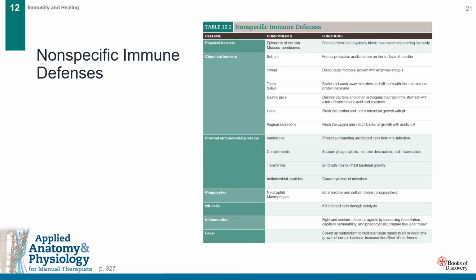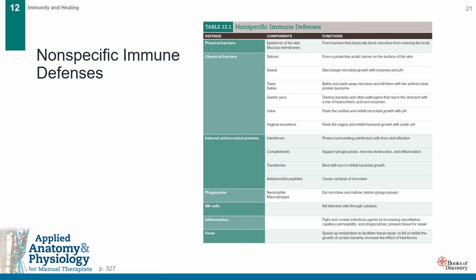This consists of interferons, which protect surrounding unaffected cells from viral infection, complements, which support phagocytosis, microbe destruction, and inflammation, transferrins, which bind with iron to inhibit bacterial growth, and antimicrobial peptides, which cause cytolysis of microbes.